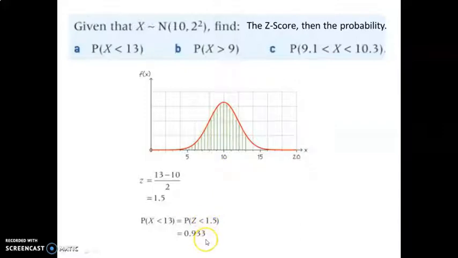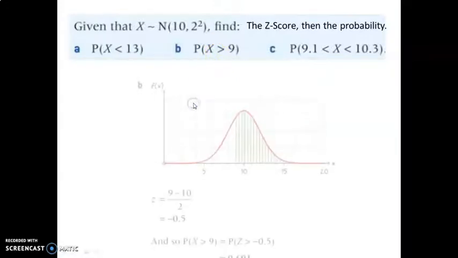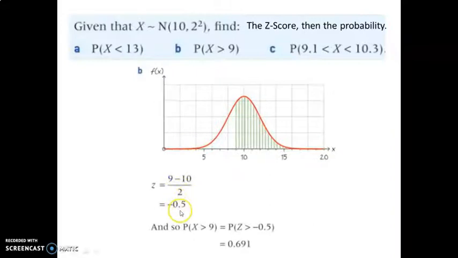The probability is the same both ways. In B, you're looking for probability greater than 9. Again, find the z-score and then find the probability. Here's your z-score calculation. We're negative 0.5 standard deviations below the mean, and calculated either way, you will get the same probability.